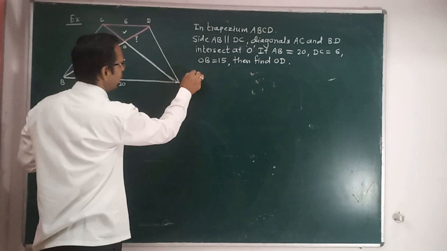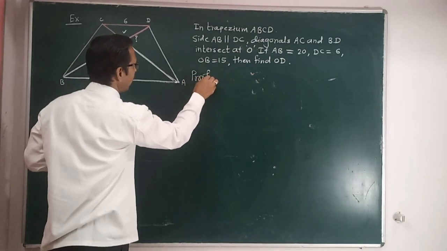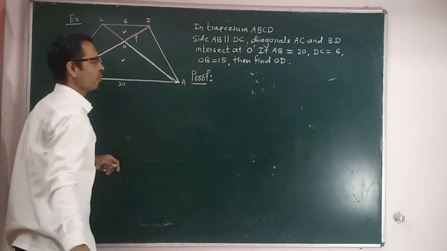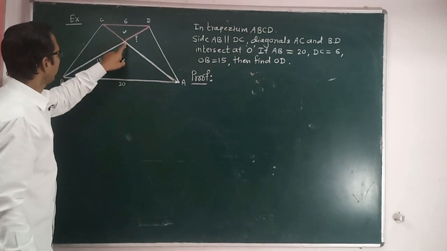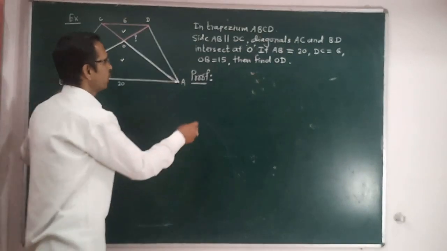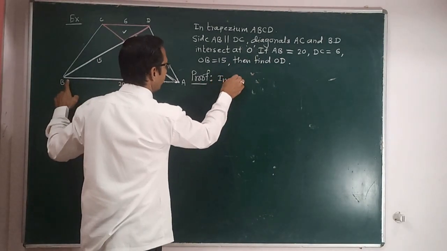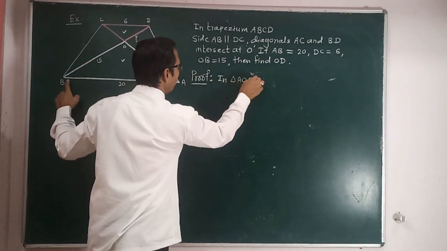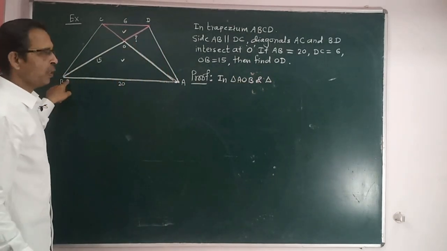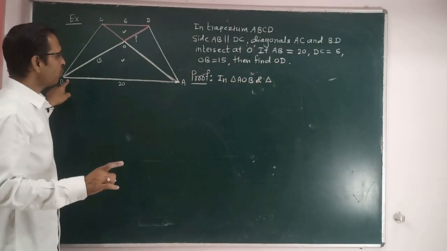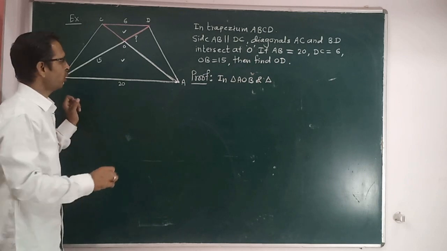Now how do we write the proof? We write the proof like this. In triangle AOB and triangle COD, we have to write the names of the triangles in one-to-one correspondence.